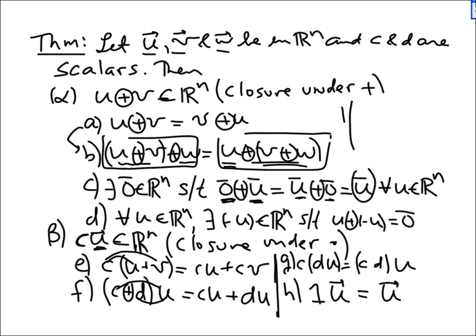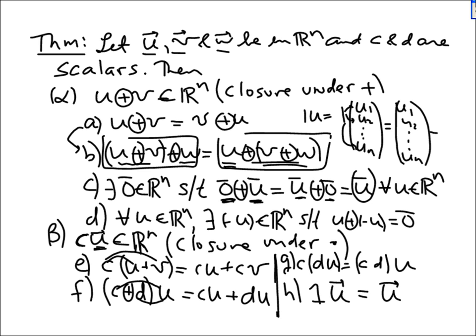If you take 1 and multiply it by u1, u2, up to un, 1 times u1 is u1, 1 times u2 is u2, 1 times un is un. So 1 times u is just the vector, I'm putting the brackets around, but that's u. In fact, there's the proof for letter H.